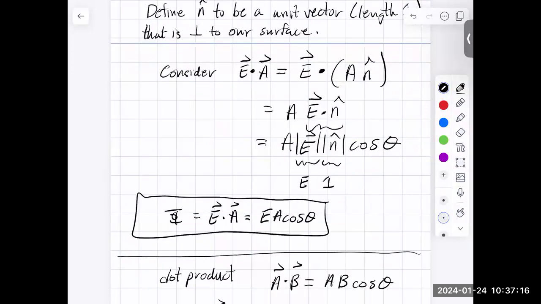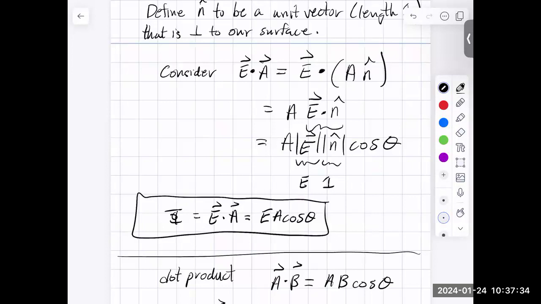So this is the electric flux for a surface of area A in an electric field where the angle between the normal vector to the surface and the electric field is theta. All right.